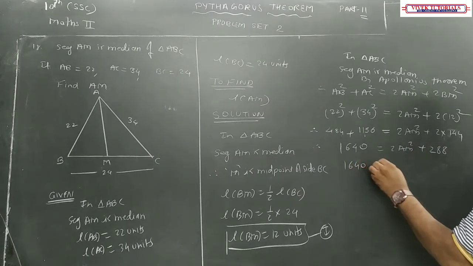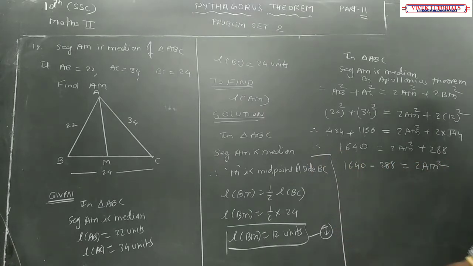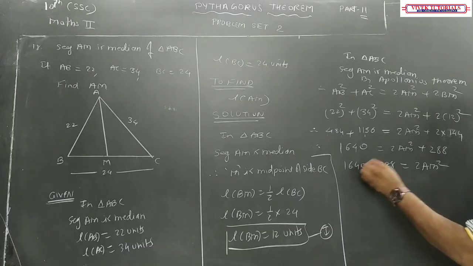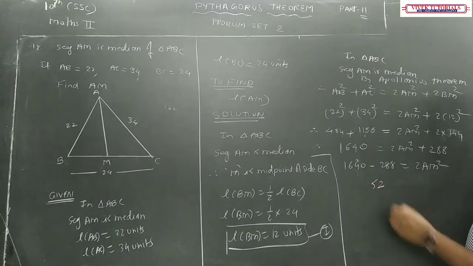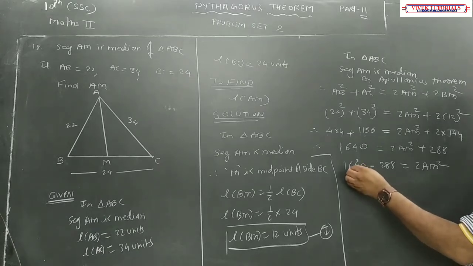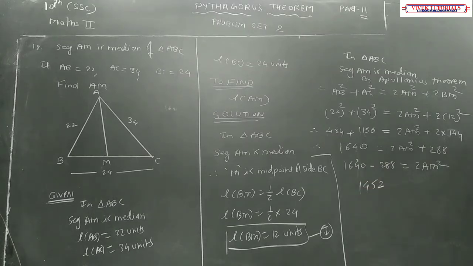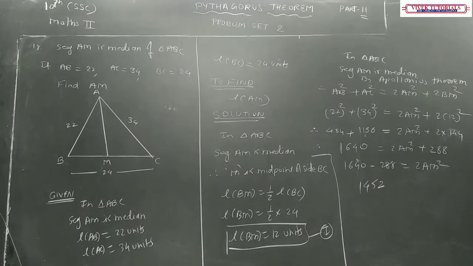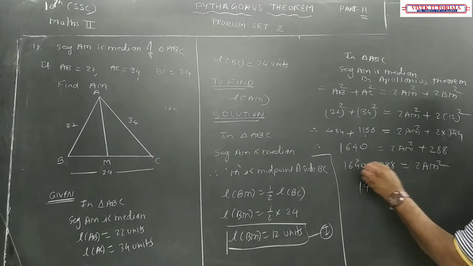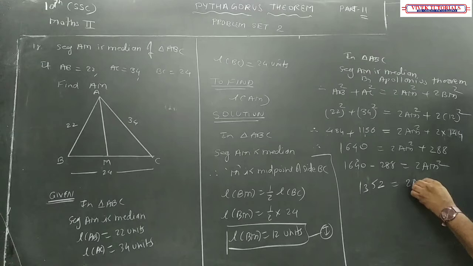So 1640 minus 288 is equal to 2AM square. Then 10 minus 8 is 2, then 5, and 1352 is equal to 2AM square.